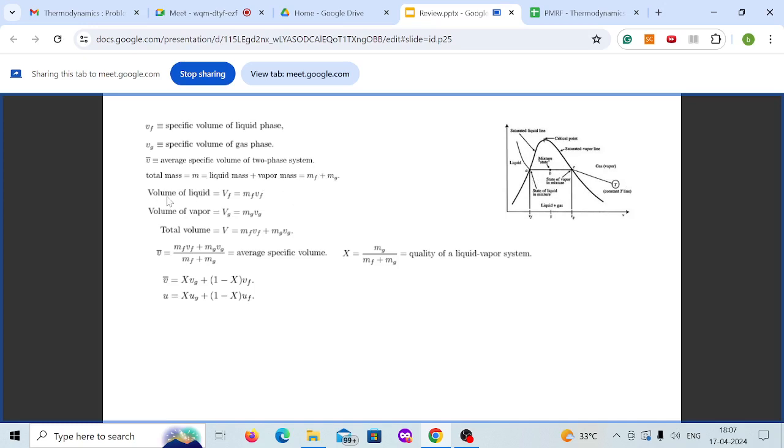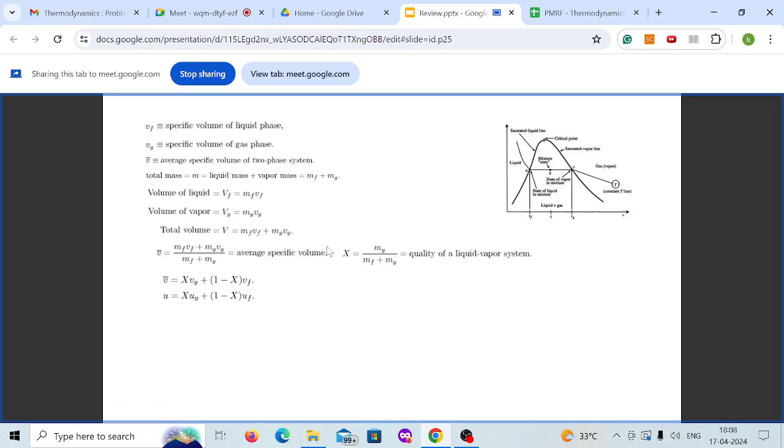The volume of the liquid is the mass of liquid times the saturated specific volume of the liquid, and similarly the volume of vapor is the mass of vapor times the specific volume of the vapor. From this you can find the total volume. So the specific volume is mf Vf plus mg Vg divided by the total mass.